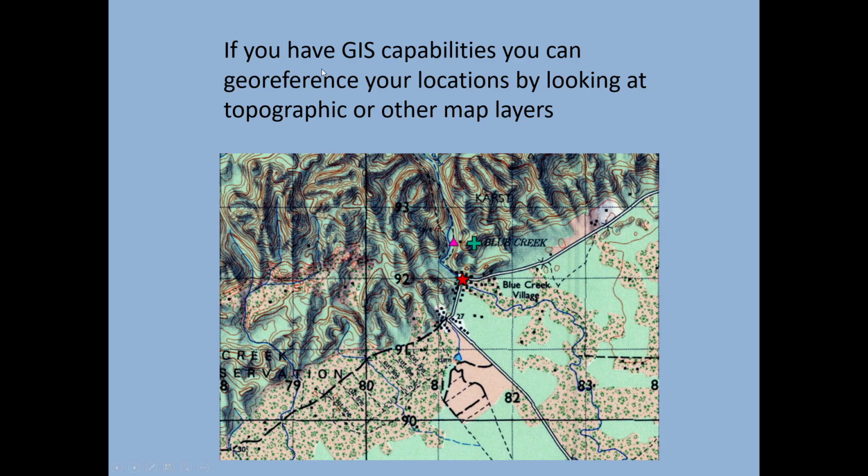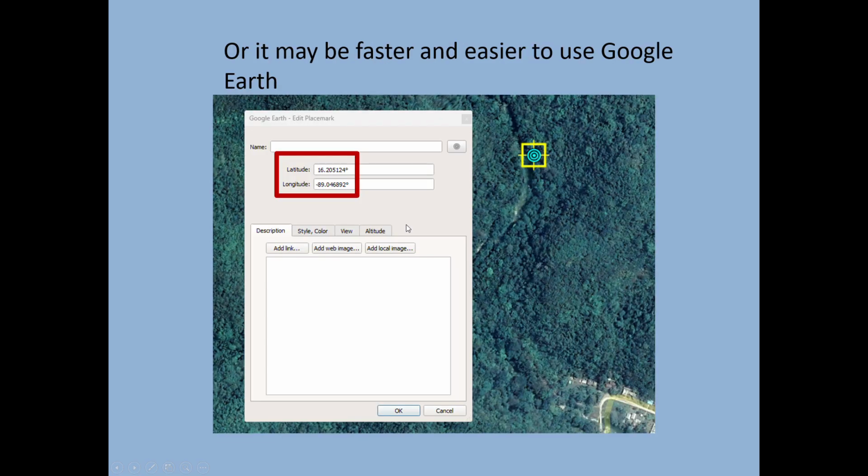If you have GIS capabilities, you can georeference locations, like here in Blue Creek, the field station. You know where it is from your field notes. You can derive the coordinates from that. However, a more recent tool that is easier to use is Google Earth.